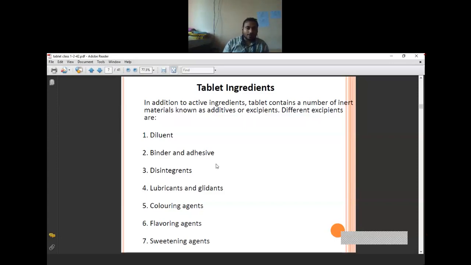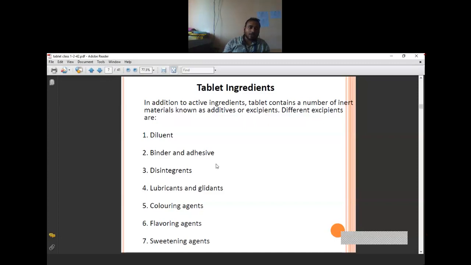So, what do you mean by diluents? Excipients used to increase the volume. So, why are we using diluents? Sometimes a very small quantity of drug is difficult to administer, so it is necessary to increase its volume, sir. Good. So, what do you mean by binders?